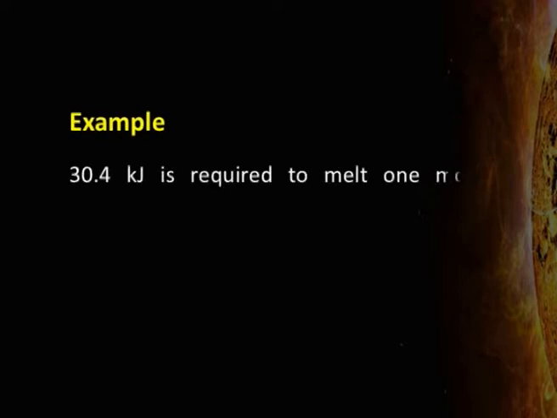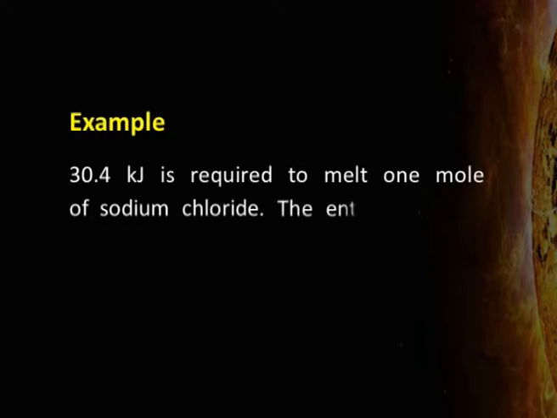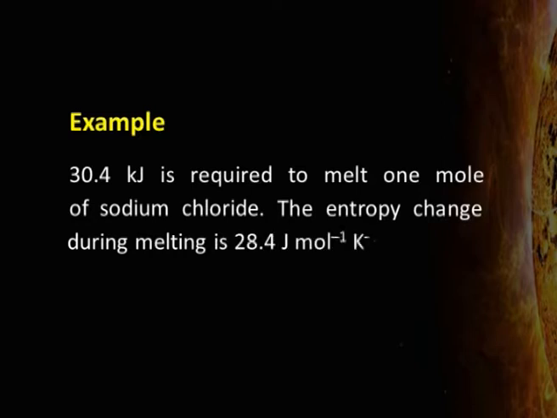Here is another example in which entropy change of fusion will be used to calculate the temperature at which melting will take place. 30.4 kilojoules is required to melt 1 mole of sodium chloride. The entropy change during melting is 28.4 joules per mole per Kelvin.